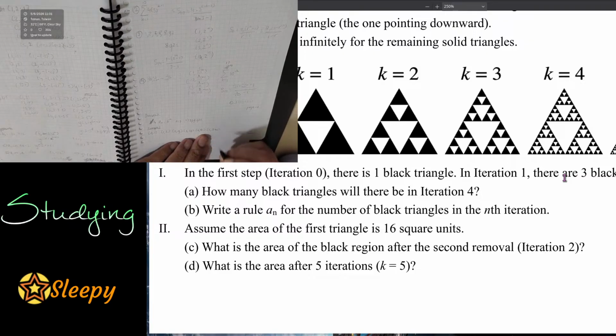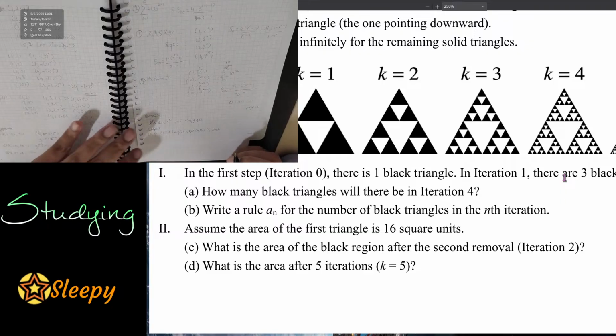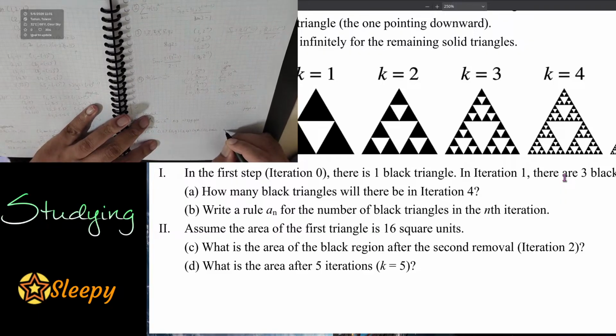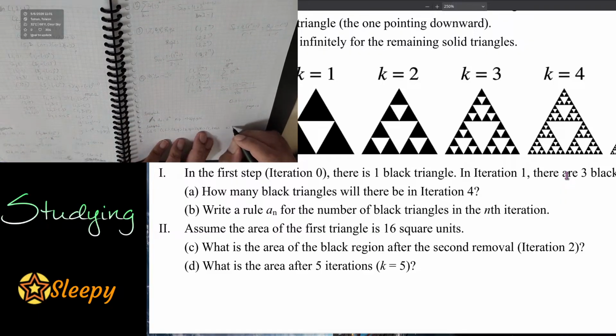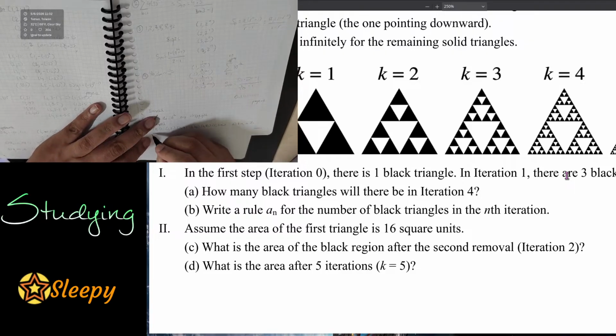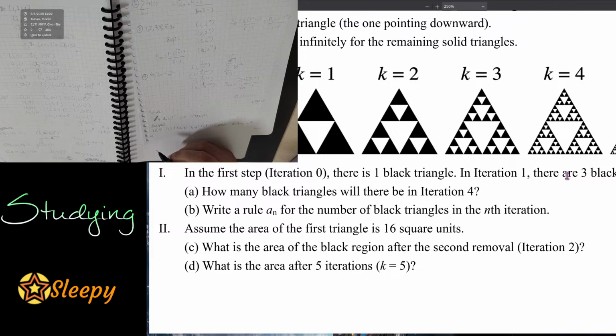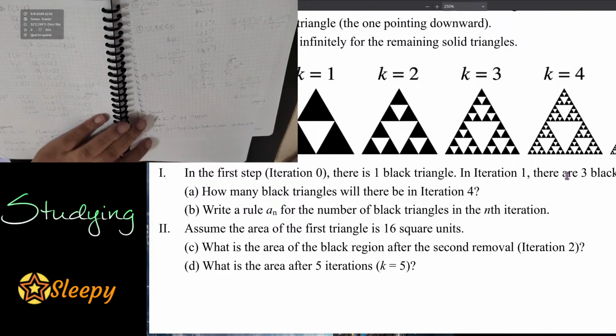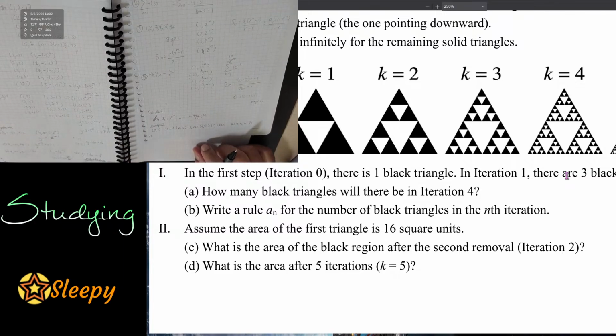So k is 4, then n is 81. And on the nth iteration, so this is 0, it's 1, 2, it's 9, 3. So it's 3 to the power of n. So a_n is 3 to the power of n.